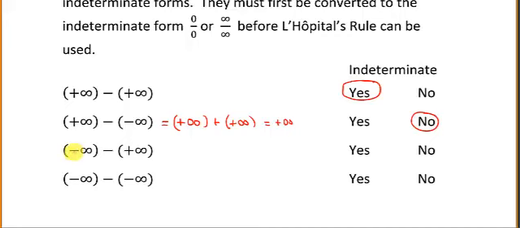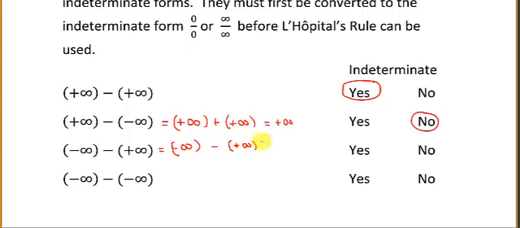If we have a negative infinity and we're subtracting a positive infinity, that would be like taking a number that's becoming large in the negative direction and subtracting a number that's large.